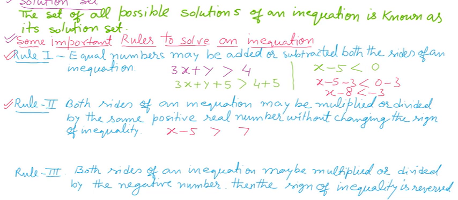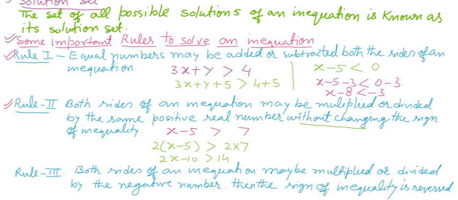If you want to multiply this inequation on both sides by 2, you may write 2x minus 10 is greater than 14.